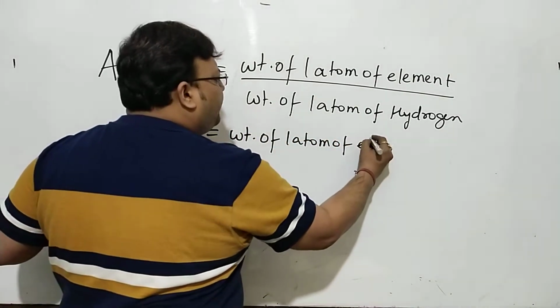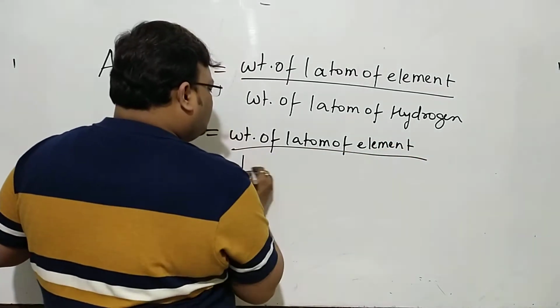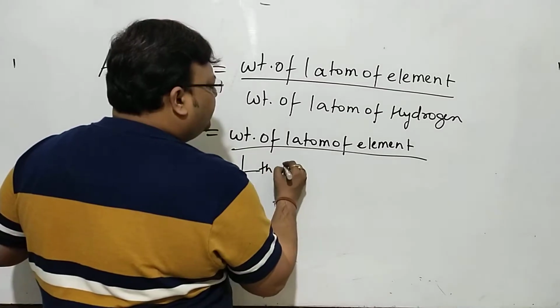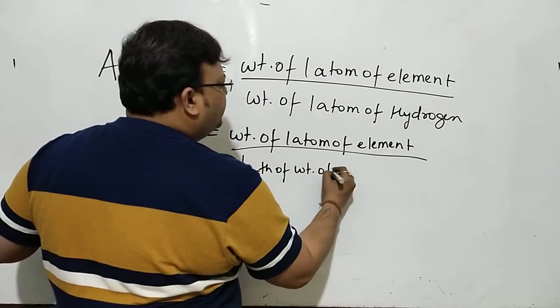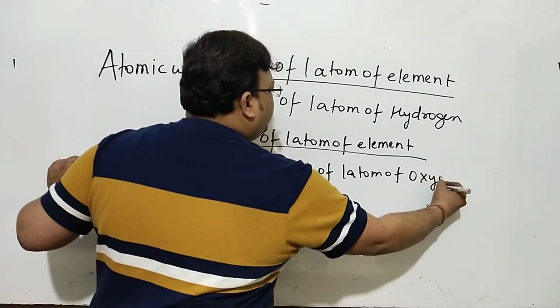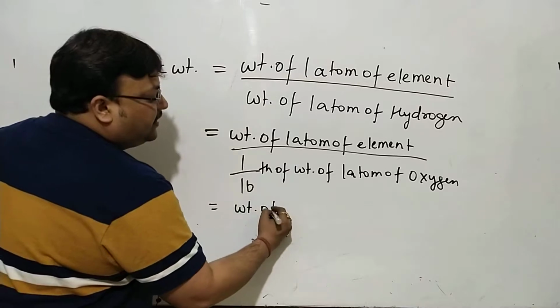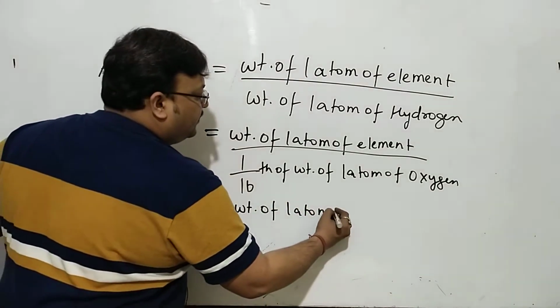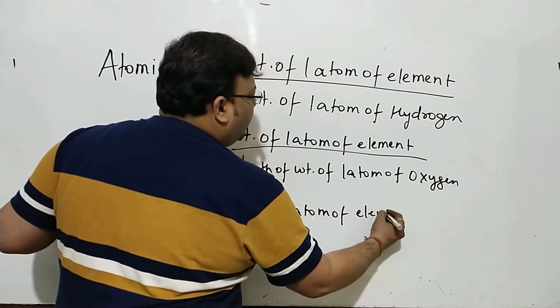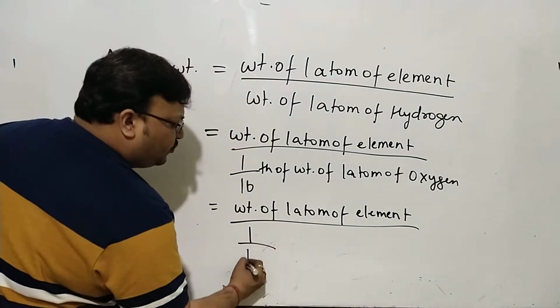Weight of one atom of element, upon 1/16 of the weight of one atom of oxygen, and naturally you are told that carbon scale is the most relevant one. Relevant means if you write in terms of carbon scale, you get marks in your school exams.